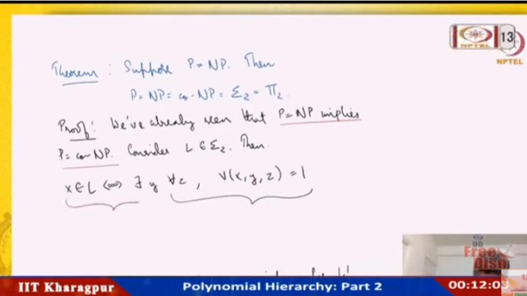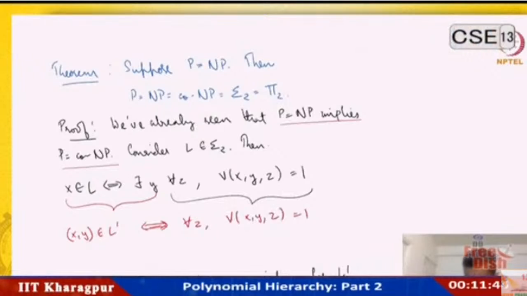Now I can just reorganize slightly differently such that xy is in L prime if and only if for all z, V(x, y, z) equals 1. It's the same thing, but I have taken y over here and considered a language of two-tuples x comma y.